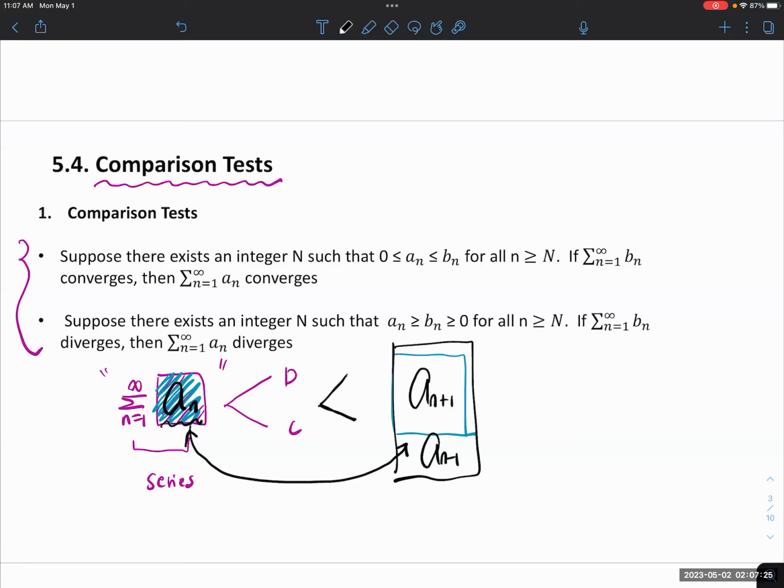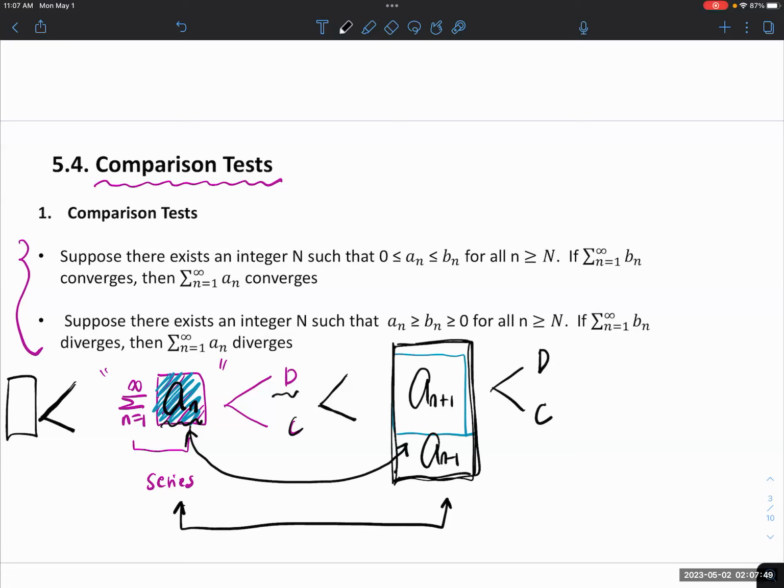If you have that form, and it is divergent, automatically this is divergent, isn't it? If it is convergent, automatically this is convergent. So we're going to compare two different functions and check which is larger or smaller, or you can compare the other side, depending on the function.